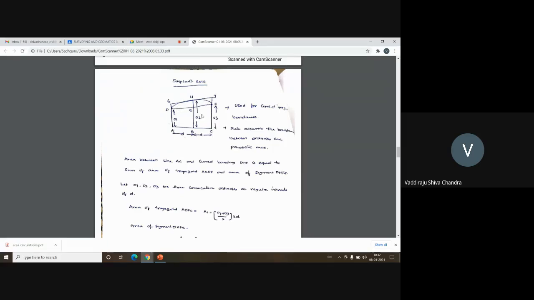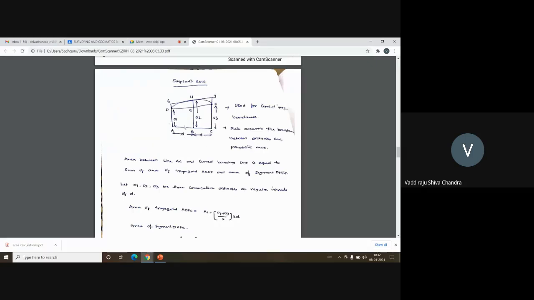If I add the areas of these two, I get the area enclosed by ADHFC. Let us assume that O1, O2, O3 are consecutive ordinates at regular intervals of D. The area of trapezoid ADFC is given by (O1 + O3)/2 × 2D, since the distance between the two end ordinates is 2D.